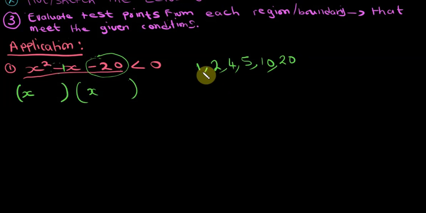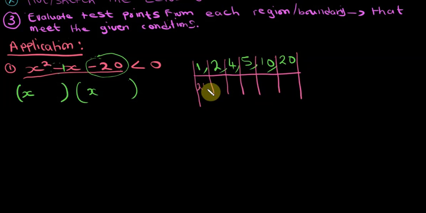Let me do this for each factor. 1 goes in 20, 20 times. 2 goes in 20, 10 times. 4 goes in 20, 5 times. 5 goes in 20, 4 times. 10 goes in 20, 2 times.